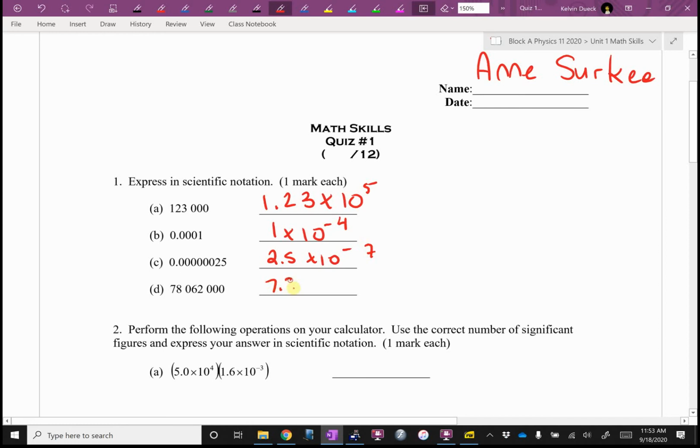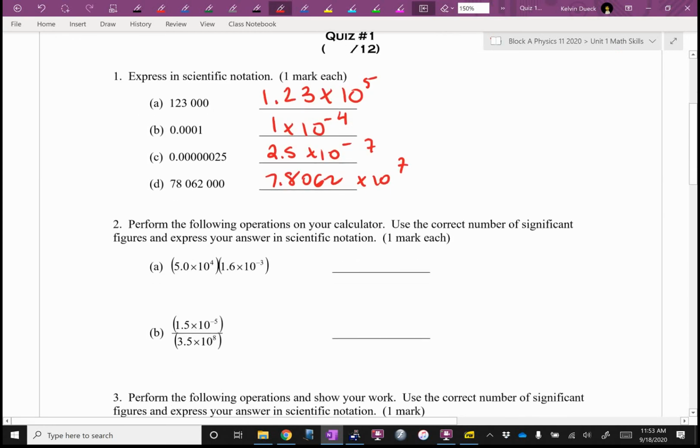And 7.8062. Since they didn't give me any rounding off instructions, I'll put every non-zero digit, every significant figure, times 10 to the 1, 2, 3, 4, 5, 6, 7. So half mark for the front part, half mark for the 10 to the.